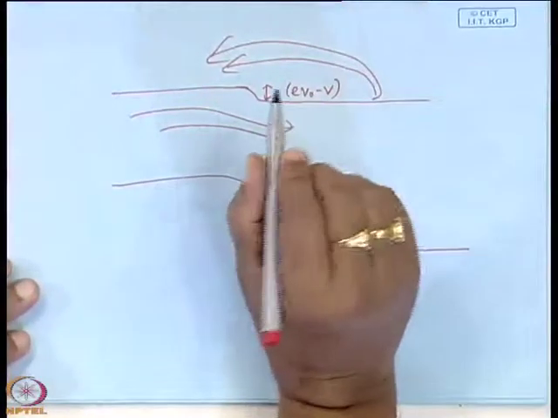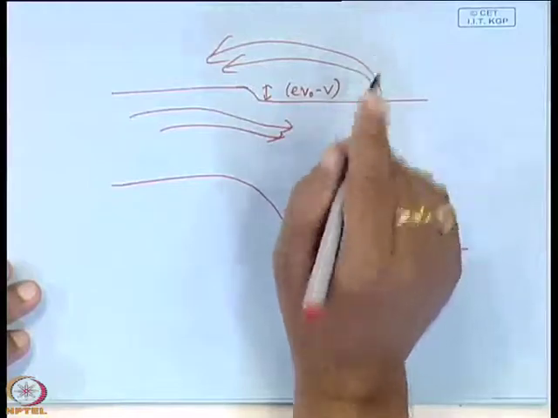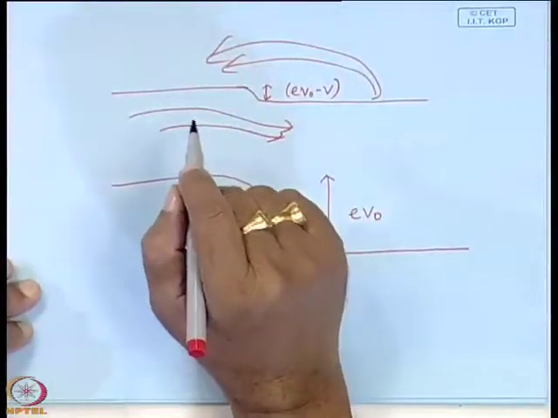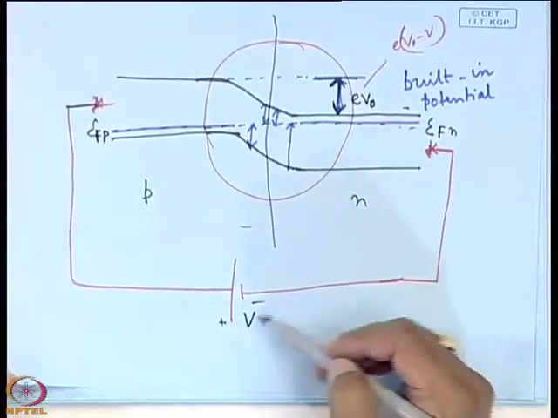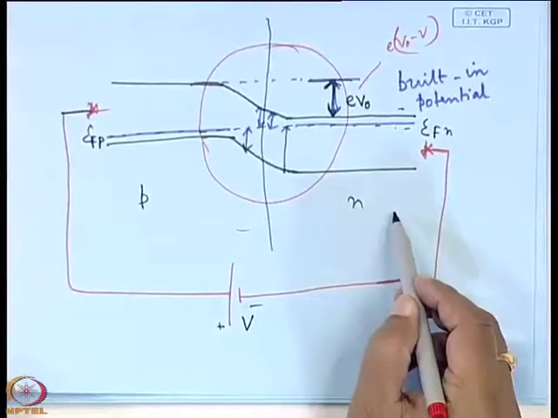Here remember that this is again diffusion of electrons, because on the n side the electrons are larger in numbers, and also since you have connected the negative terminal of the battery with the n side.